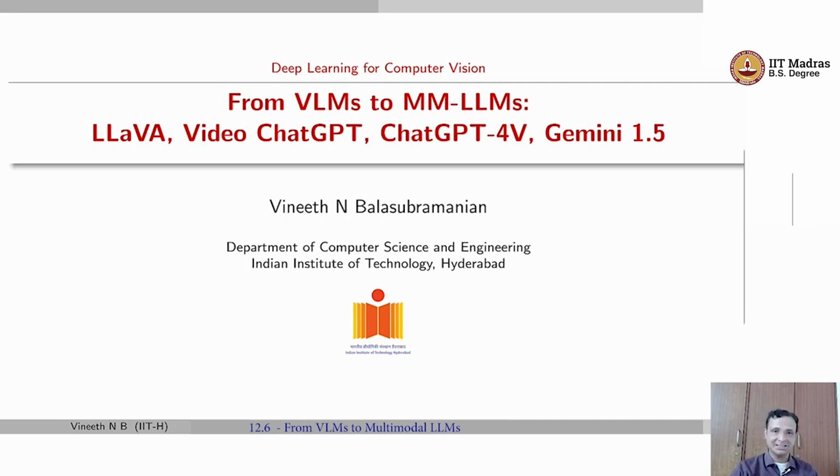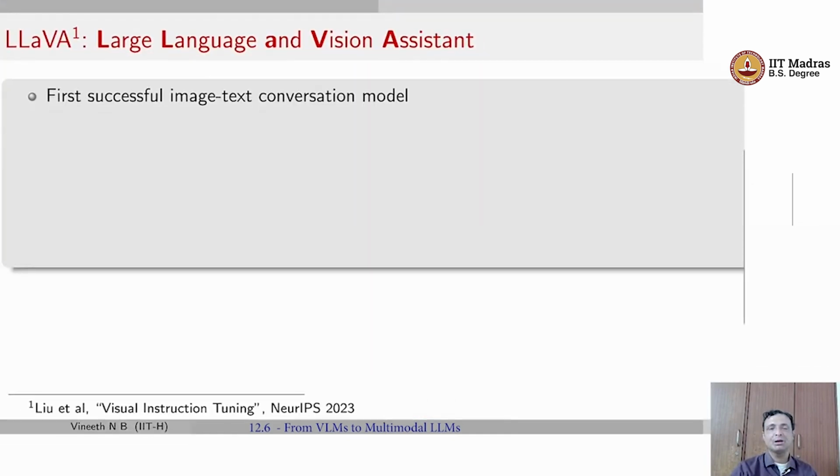These acronyms can seem confusing, but broadly they stand for Multimodal LLMs or large multimodal models, which are LMMs. In particular, we'll try to cover a few different ones like LLaVA, Video ChatGPT, ChatGPT 4V and Gemini 1.5, of which we only have cursory information at this point in time.